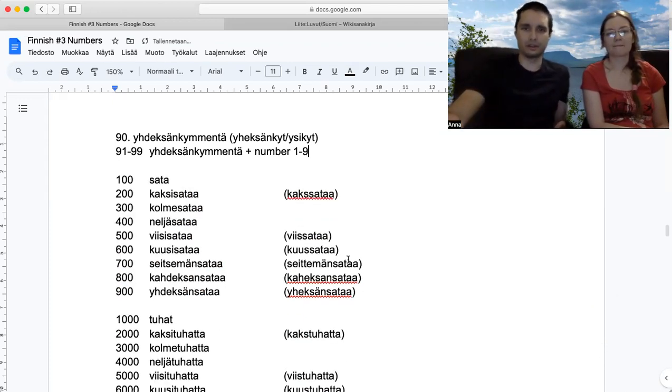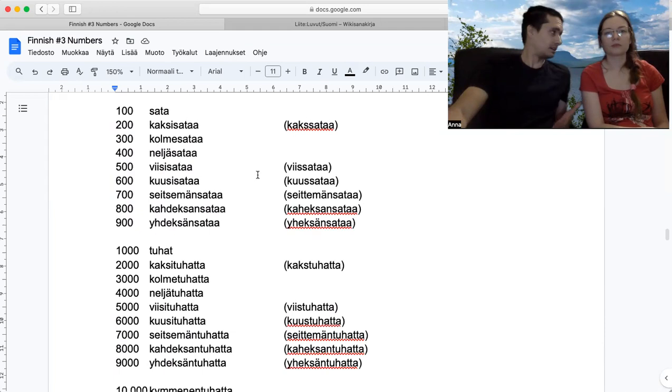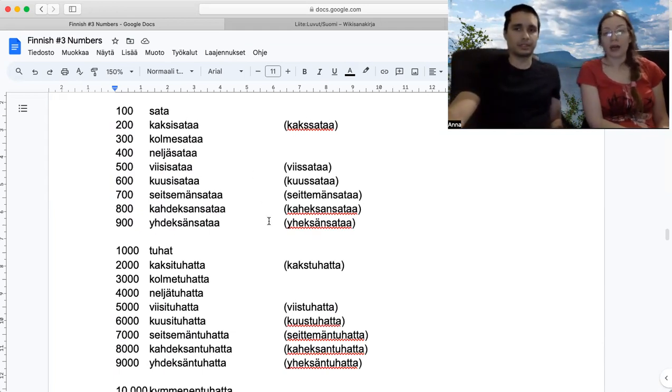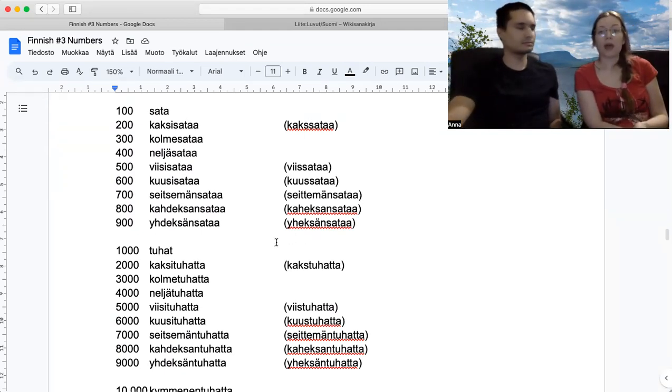And then hundreds, from 100 to 1,000. Is there anything to say about this? Nothing more than, again, look for the pattern. In hundreds, we have this sata pattern.